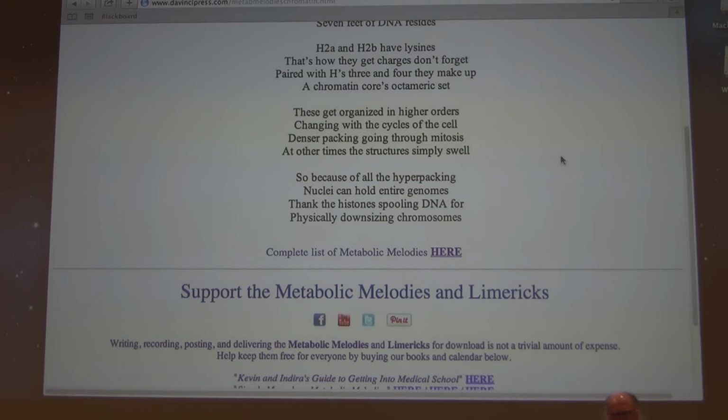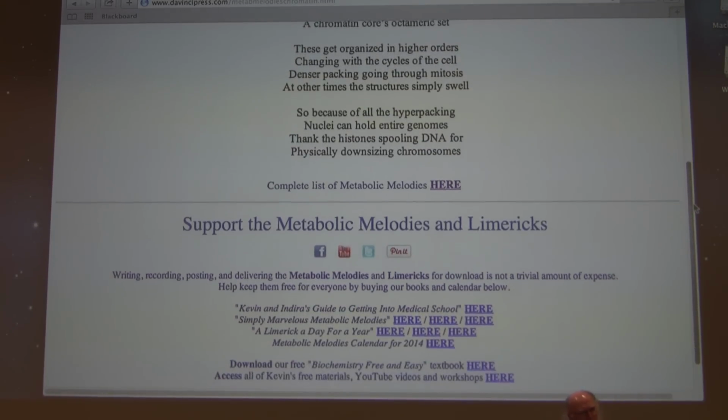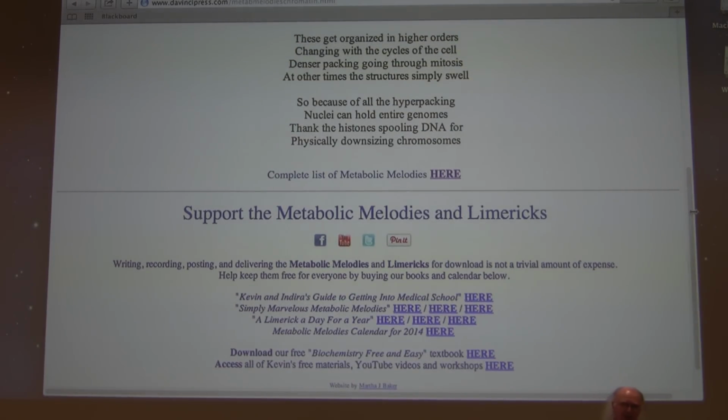Paired with H's 3 and 4, they make up a chromatin coarse octameric set. These get organized in higher orders, changing with the cycles of the cell. Denser packing going through mitosis.